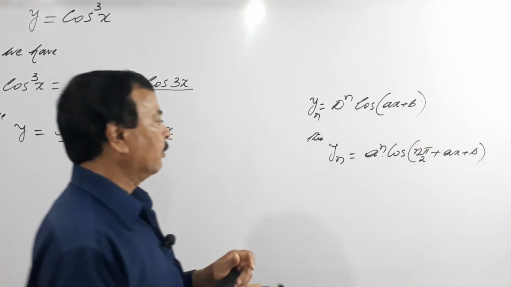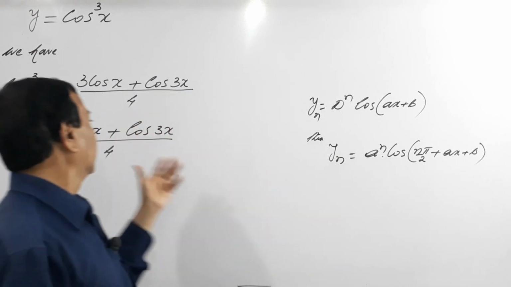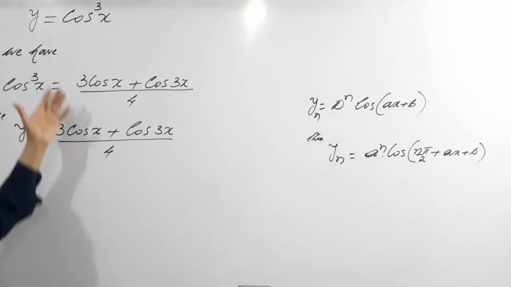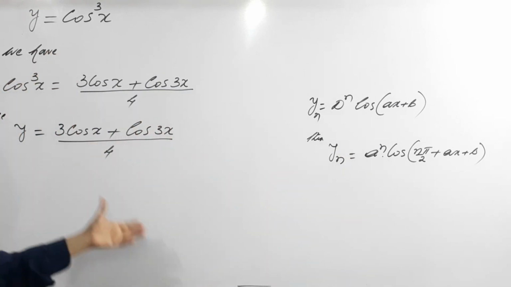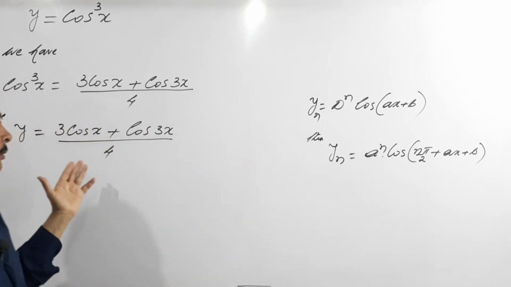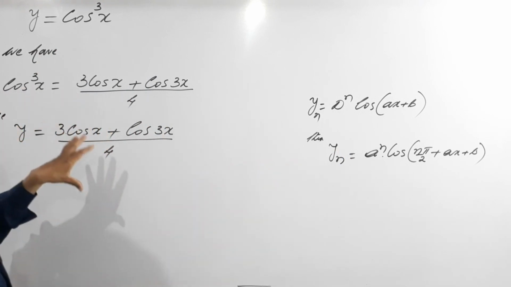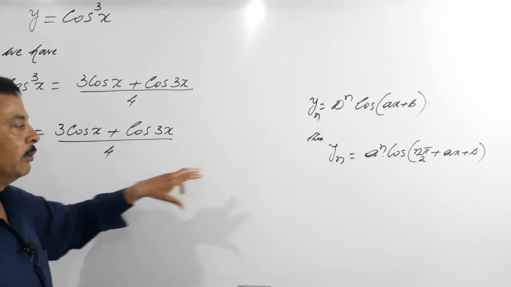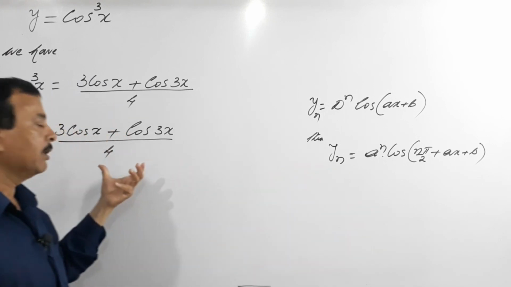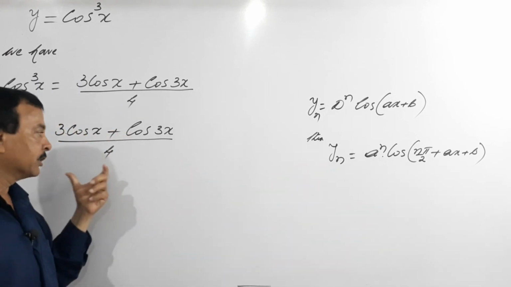So we are going to use this formula to find the nth derivative of the given problem. Straight away we can apply this, because this problem is quite fit to use this formula, as it does not contain any product rule.